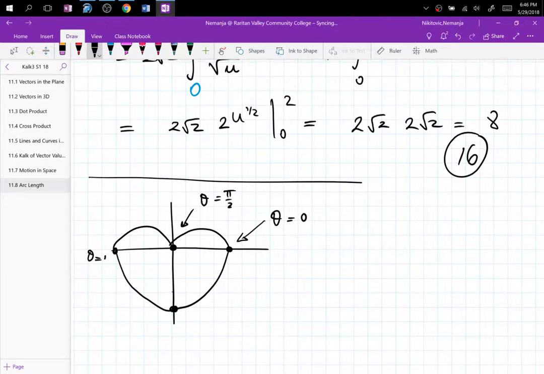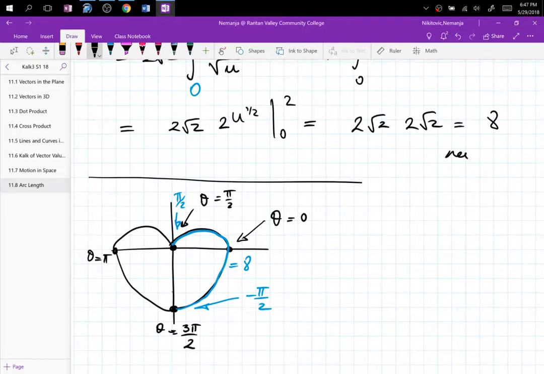This is theta equals pi. Theta equals 3 pi over 2. Now what we used is this node here as negative pi over 2 and this node here as pi over 2 to calculate the length of this line, which turned out to be 8, and then we doubled that 8 into 16 as the answer. So the answer is L equals 16. So we need to double. And the answer was L equals 16 at the end.